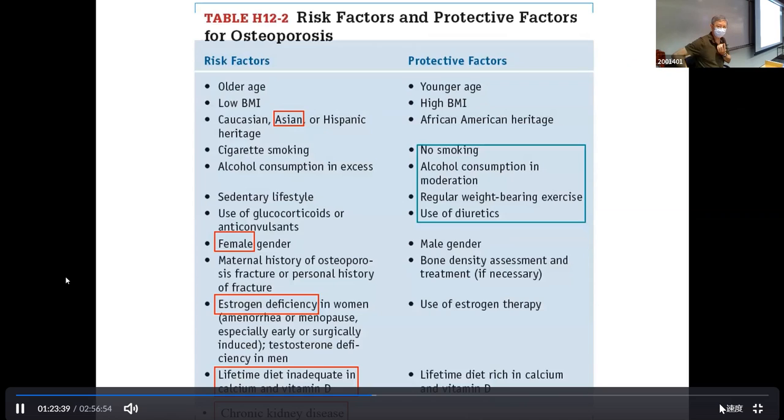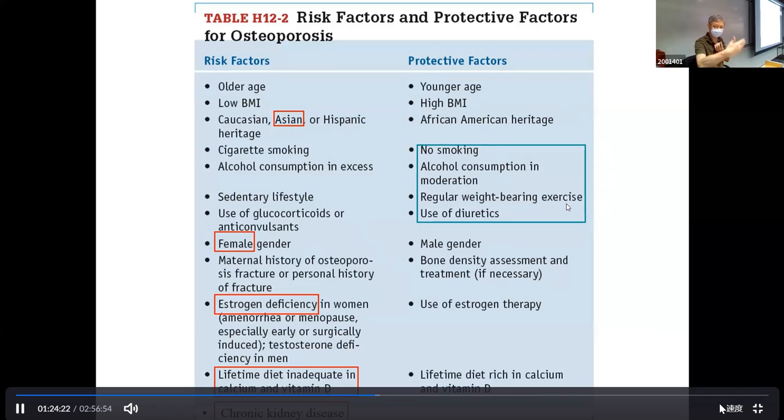So this is just a summary from one of the textbooks indicating the risk factors for osteoporosis. Asians are the so-called risk group, female, estrogen deficiency, lifetime inadequate intake of calcium and vitamin D, and chronic kidney disease have been associated with osteoporosis. Protective factors would be not smoking, moderate consumption of alcohol, regular weight-bearing exercise.